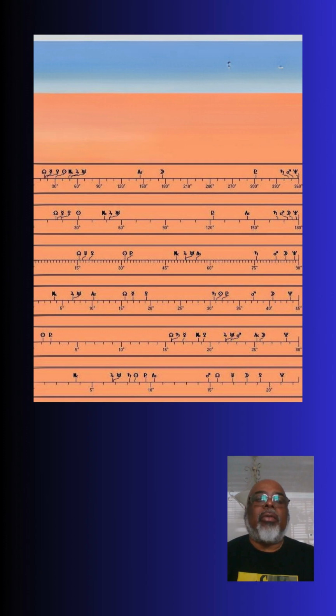If you add it on the approaching or waxing side, approaching from new moon to full moon, it's called increasing, but it's also decreasing after the full moon when it goes back to the dark, to the new moon.